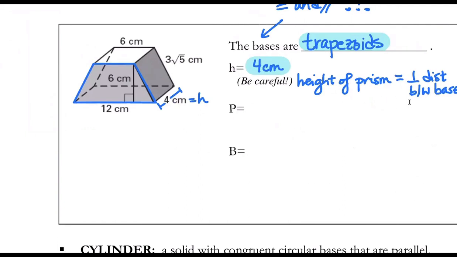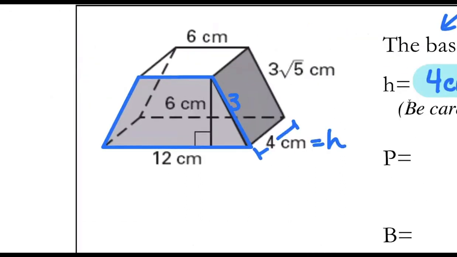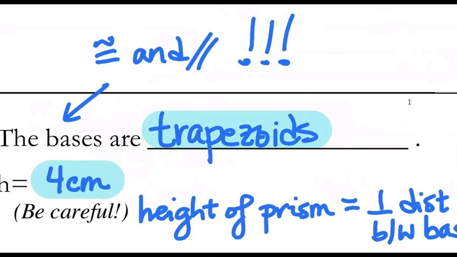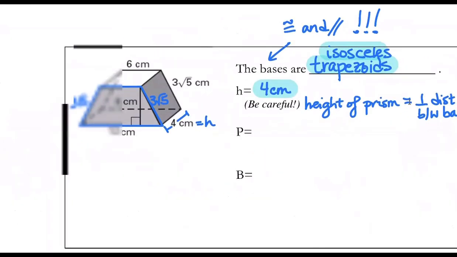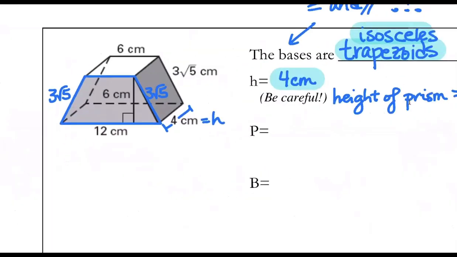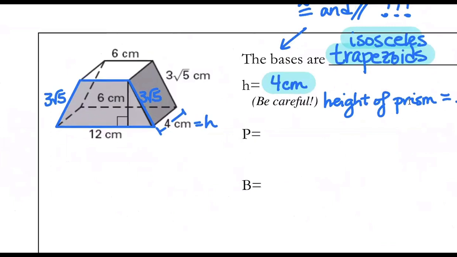Okay, perimeter. Well, this is a 3 root 5. We're going to use 3 root 5 for that leg also. This is actually an isosceles trapezoid. I probably should have said isosceles up here. Okay, so perimeter, and we know this is 6.